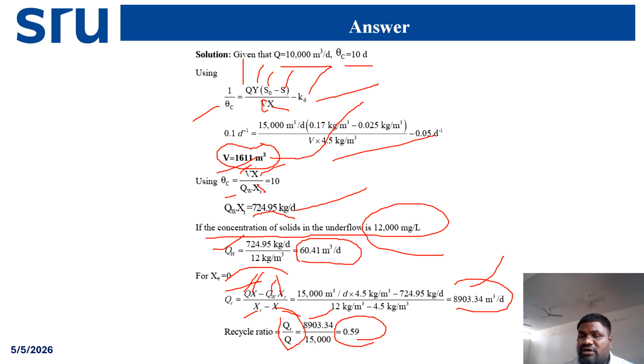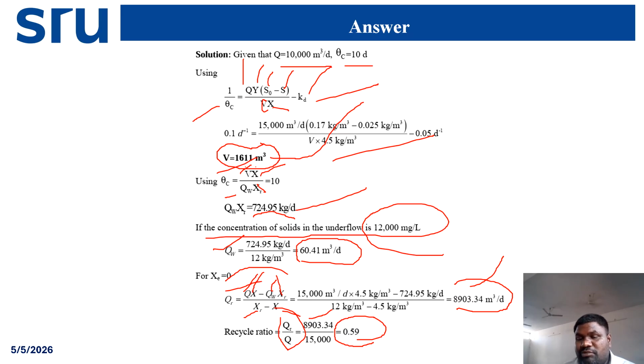Particularly in this design problem, we discussed how to calculate the volume of the aeration tank, and how to calculate the amount of mass wasted, that is QW into XR. Next, the volume to be wasted, that is QW, was also calculated.